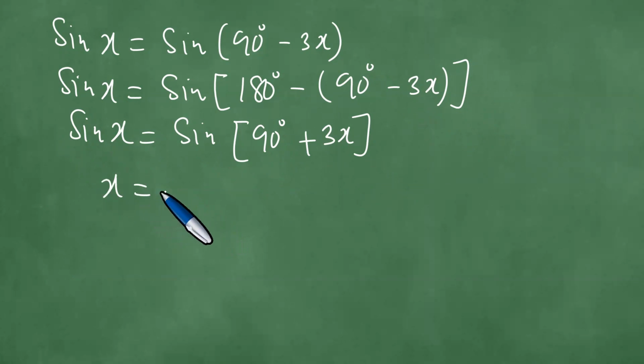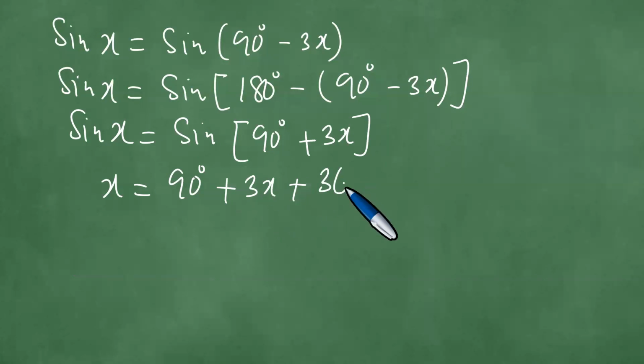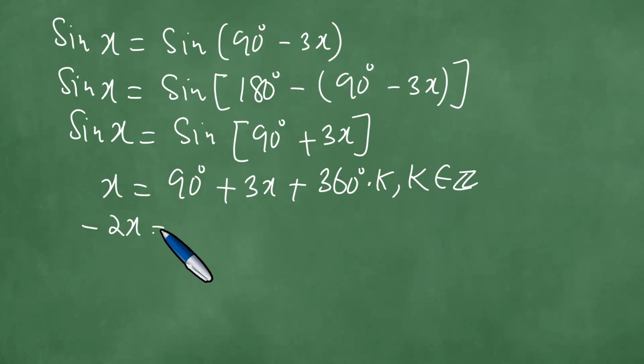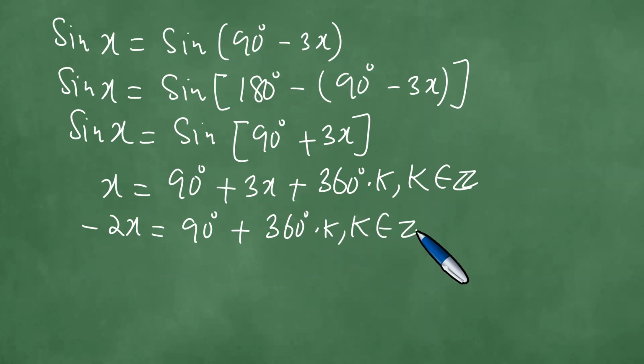So this means x equals 90 degrees plus 3x plus 360 degrees by k, where k is an element of z. And this is minus 2x equals 90 degrees plus 360 degrees by k, where k is an element of z.